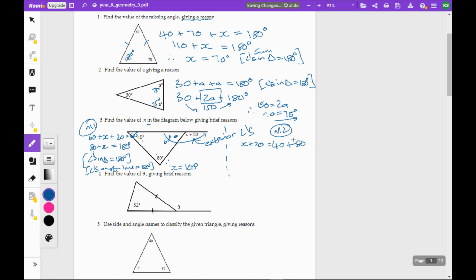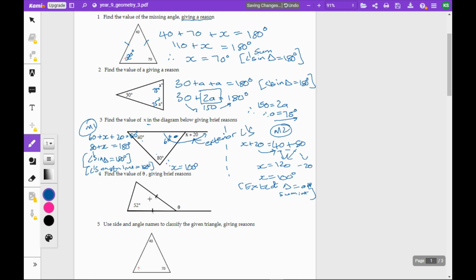Method number 2 is this way here. So I move the 20 over, it becomes minus 20. So I have 120 from those two, minus 20, so x equals 100 degrees. The reason for that one would be exterior angle of triangle is equal to the sum of the opposite interior angles. Okay. The next one.